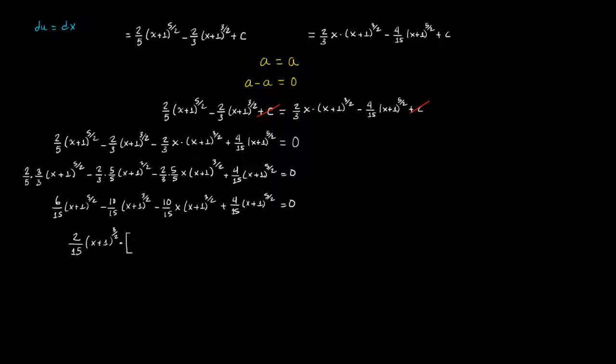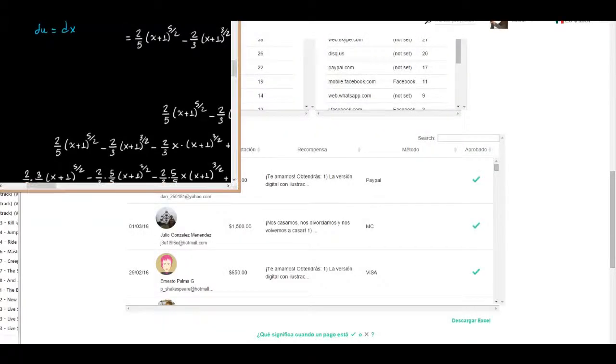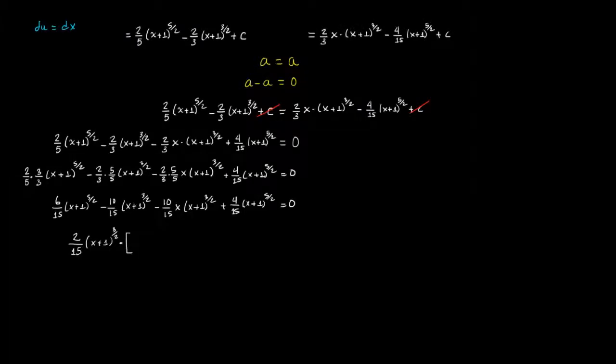Now let's do this operation. I'm going to divide this term over the common factor. Now this is going to be a long process, so I'm going to do it here on the right.